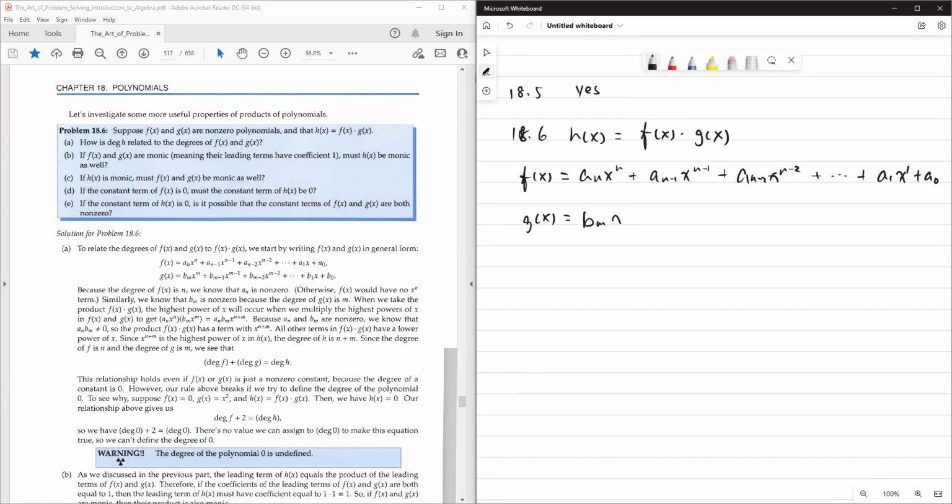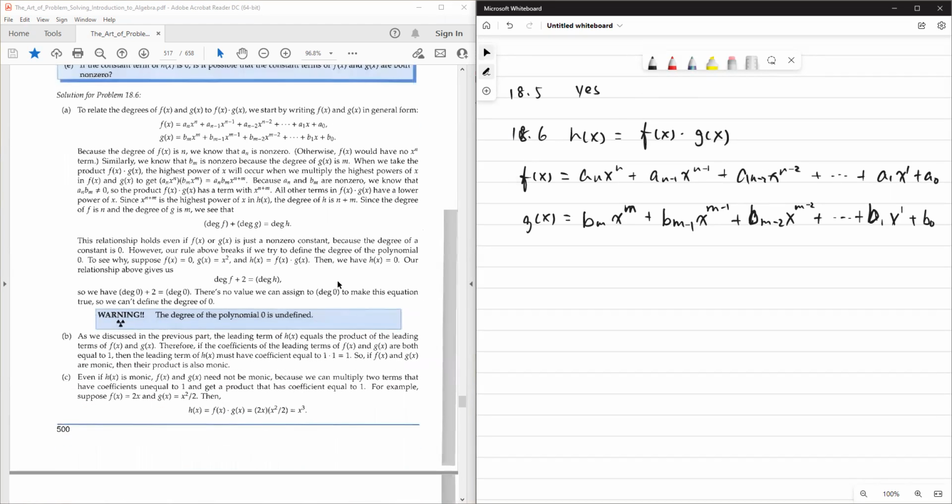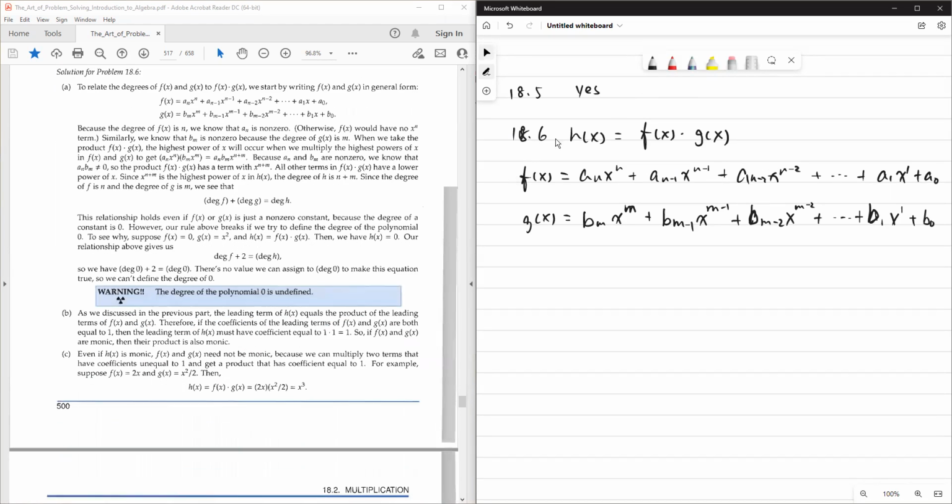We use m to distinguish the power. m doesn't have to be the same as n, although it can be. These are two non-negative constants.